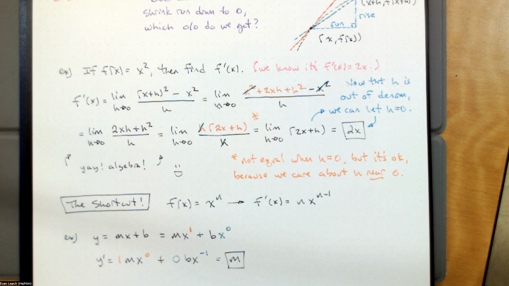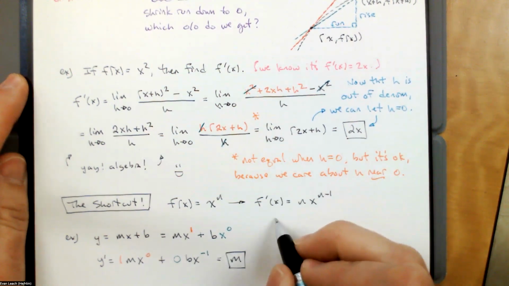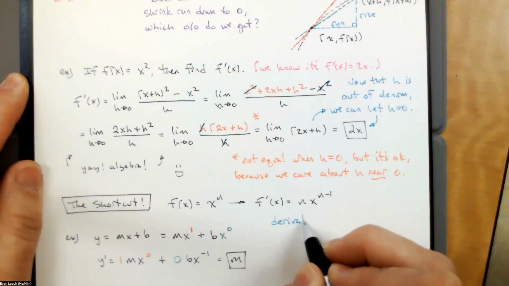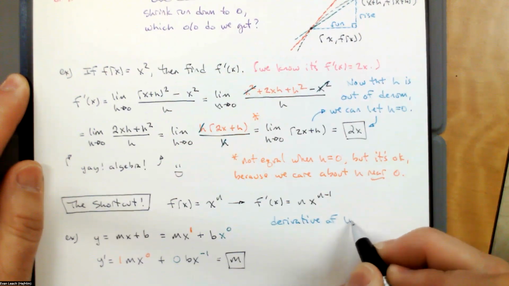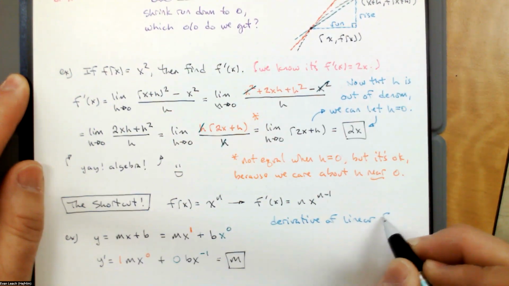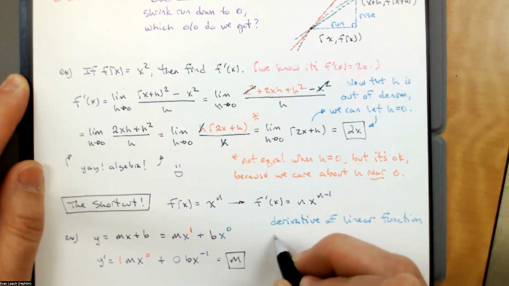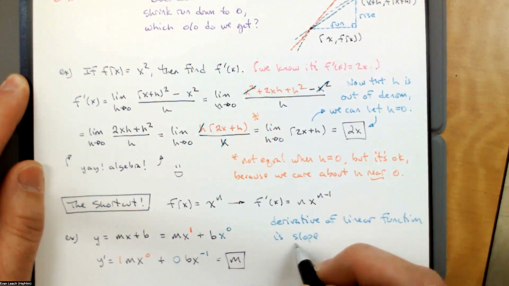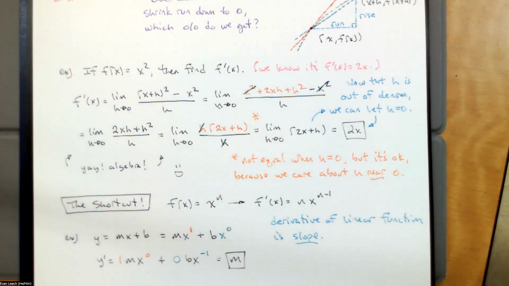The derivative of a linear function is just going to be the slope. The derivative of a constant function is just going to be 0, because a constant function is a horizontal line, and a horizontal line has 0 slope. We can also just remember that the derivative of a constant function is equal to 0. The derivative of a linear function is the slope.